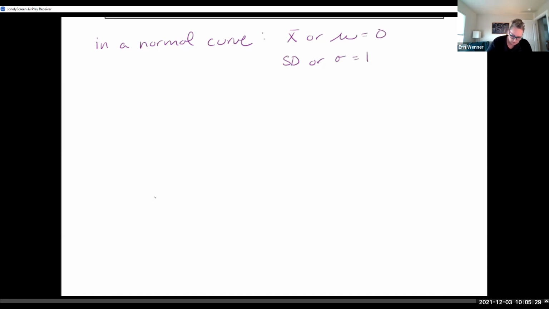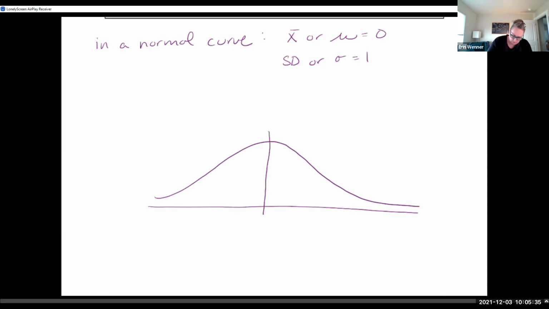So if we think about our normal curve, it is this nice bell curve with our mean here in the middle, which is 0, and then we have our standard deviations, which is 1.